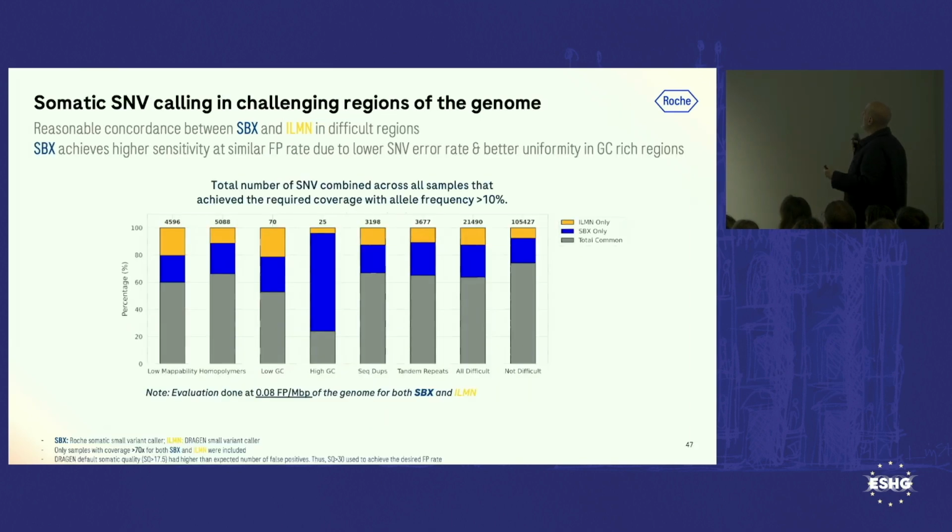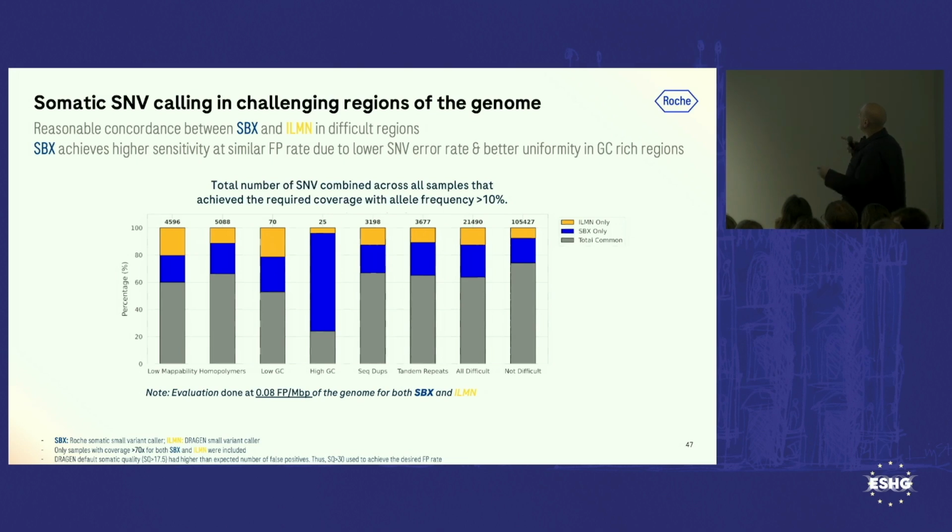Looking now at some of the more challenging regions of the genome, for SNV calling there is reasonable concordance between both SBX and Illumina. You do see SBX achieving higher sensitivity at similar false positive rates, again due to some of the data we showed you before in terms of the lower SNV error rates and the better uniformity in high GC.